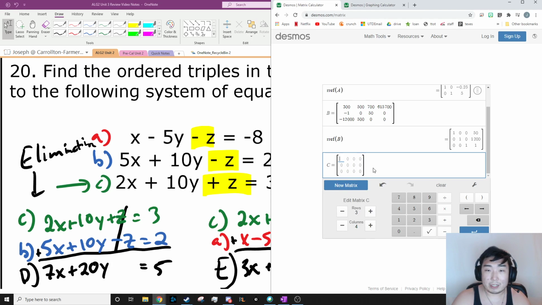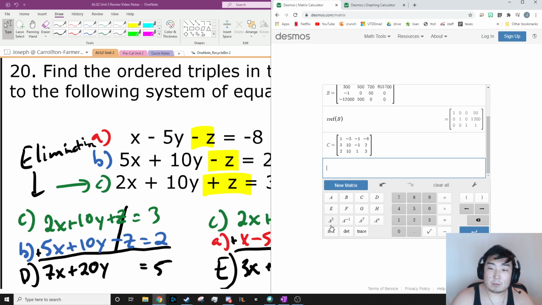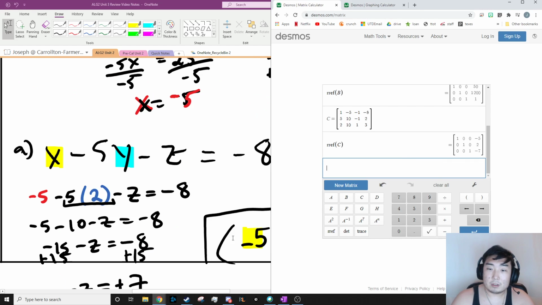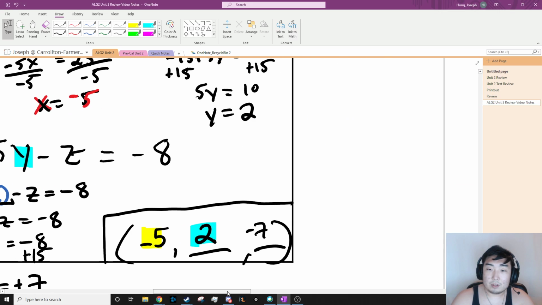Nothing is stopping you from writing a matrix. It's just that I want to see work if I ask you to do elimination or substitution in the problem, if I ask for it specifically. So if I type this in, nice. Negative 5 to negative 7.